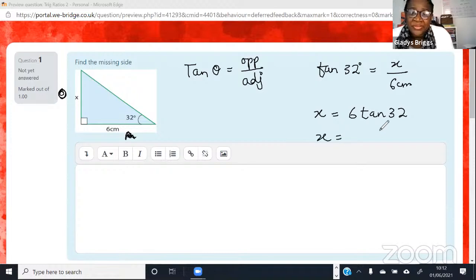This time you don't have to use the inverse, okay? Because you're not looking for the angle, you're looking for the side, you've got the angle to be 32 degrees. So this time you just put that straight into your calculator. Excellent, well done. 6 times tan 32 is 3.7.